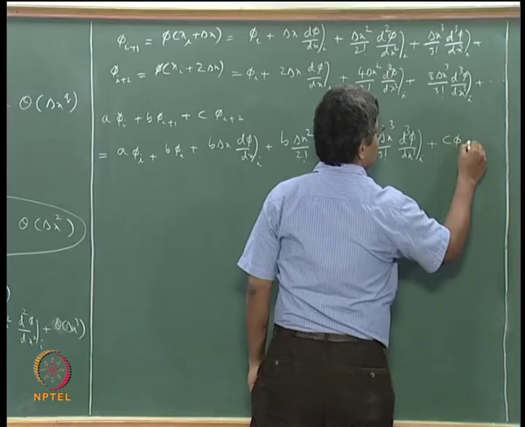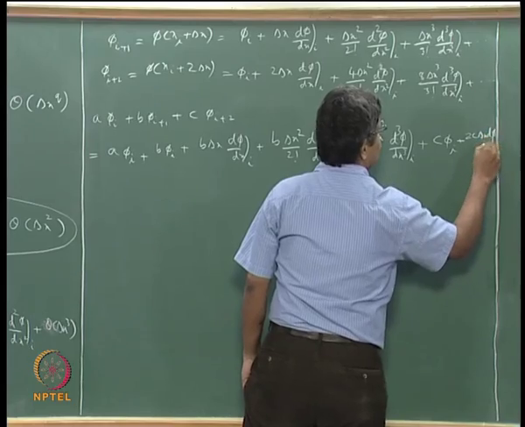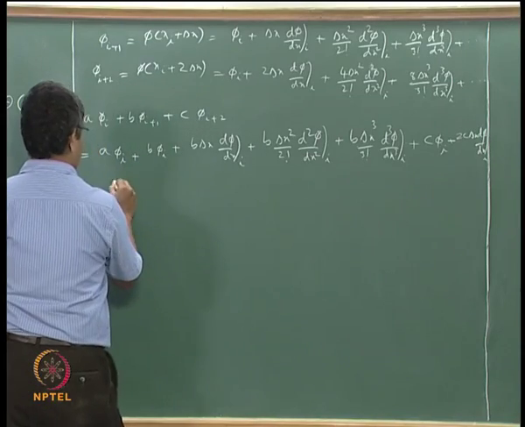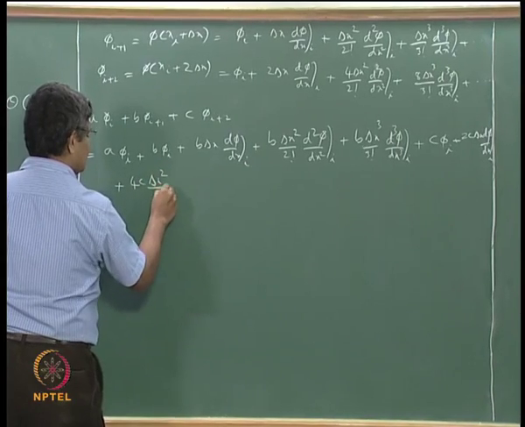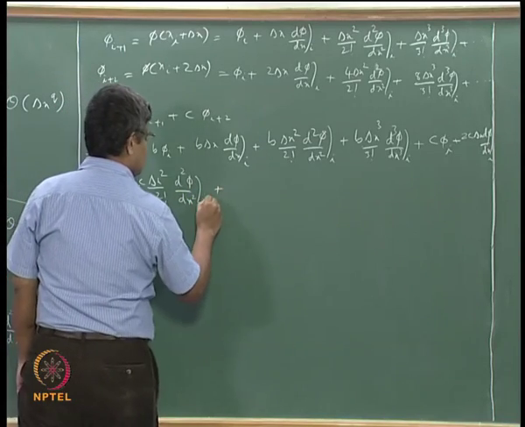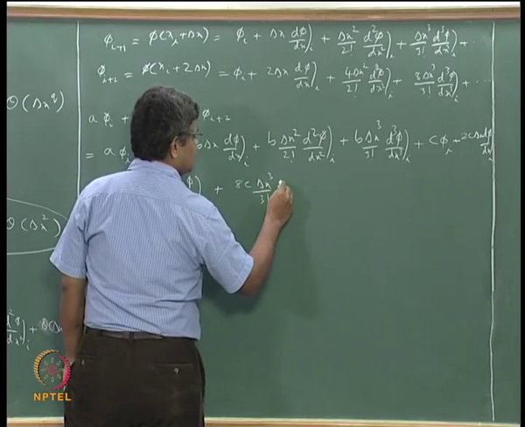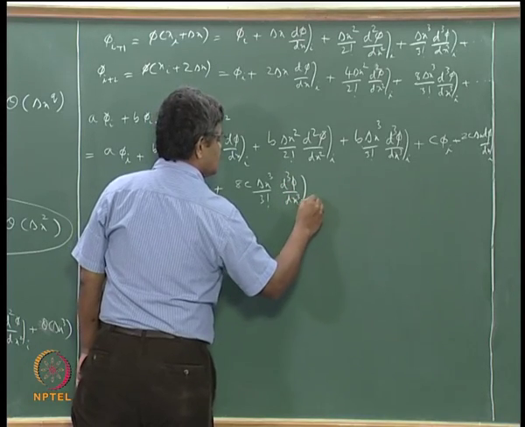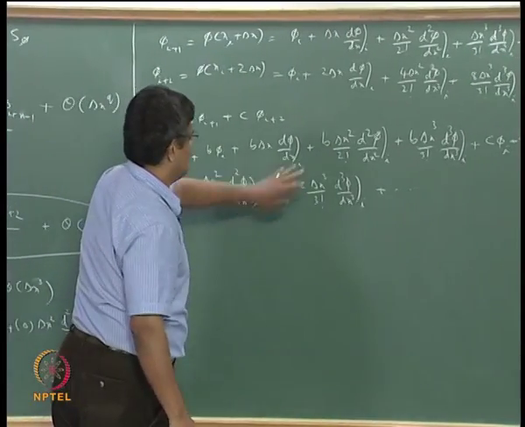So that is c phi I plus 2c delta x d phi by dx at I plus 4c delta x square by factorial 2 d square phi by dx square at I plus 8c delta x cubed by factorial 3 times third derivative, and so on. And let us bring like terms together.